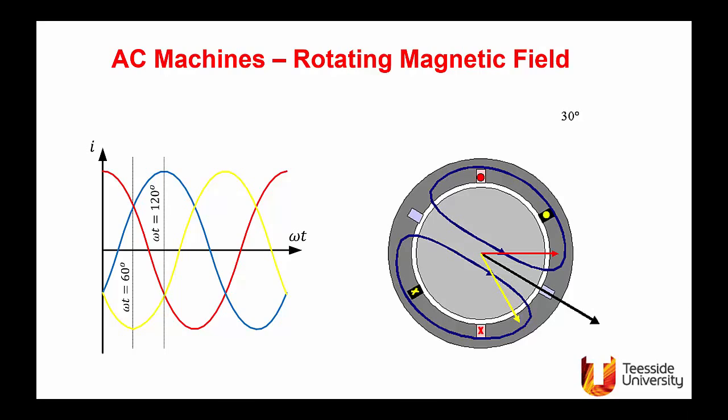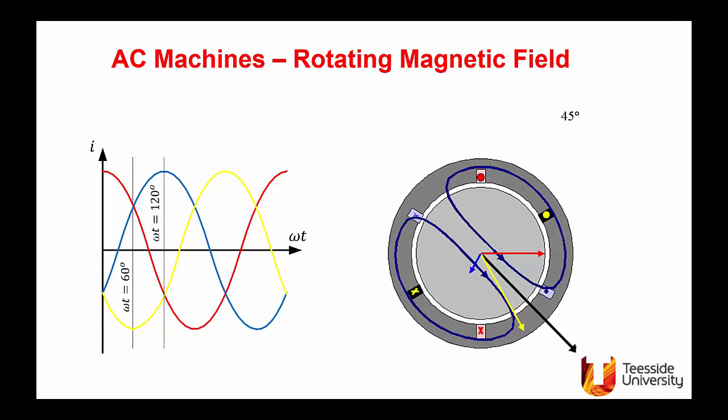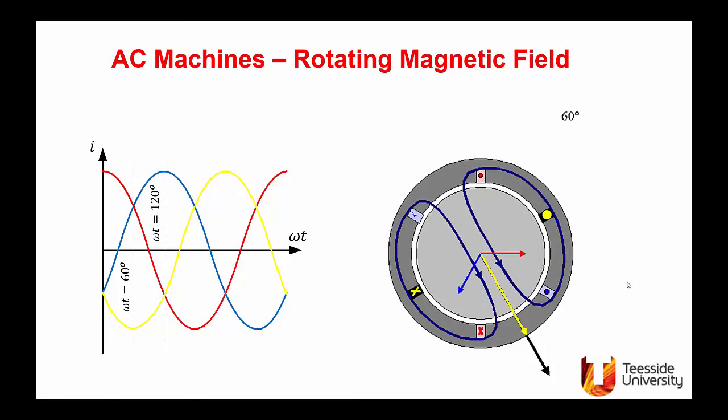It moved in space. If we move on another 30 degrees, we reach the situation shown here at omega t equals 60 electrical degrees. The red and blue currents are the same value, and the red and blue will produce magnetic fields that are equal.